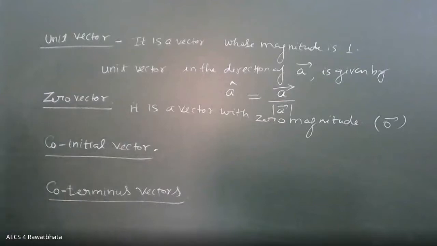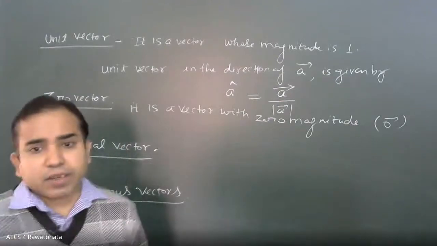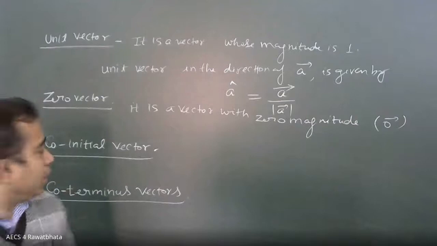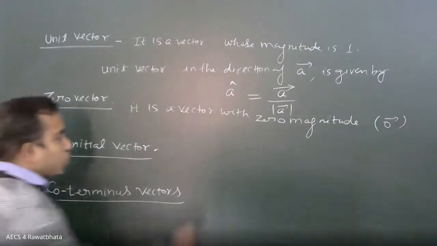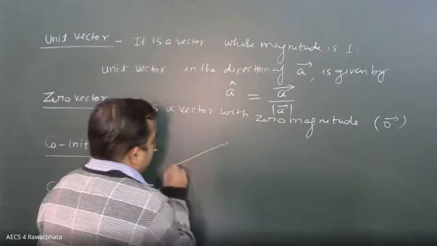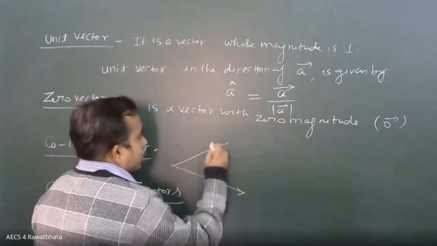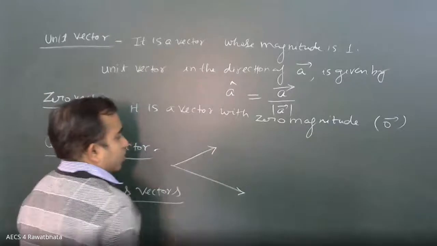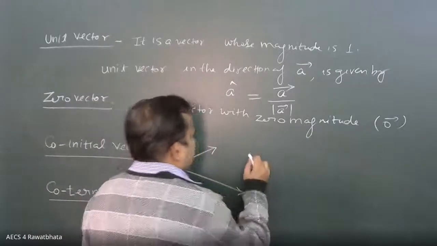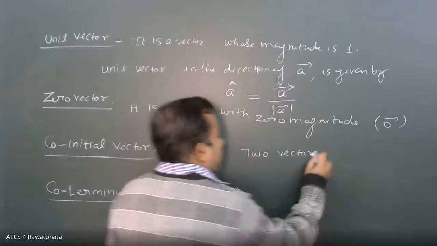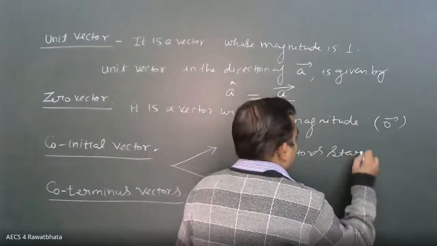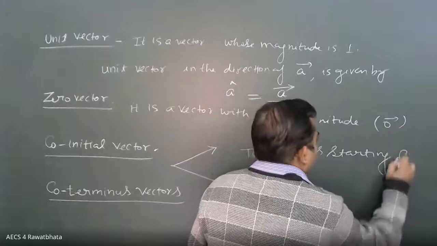See, co-initial vectors are vectors which start from the same point. Initial means a start. So two vectors starting from the same point. Suppose one vector is this, other vector is this. They are co-initial vectors.